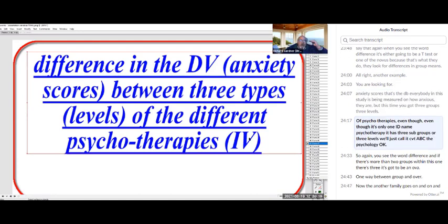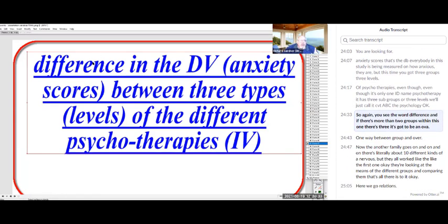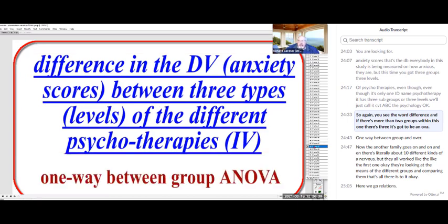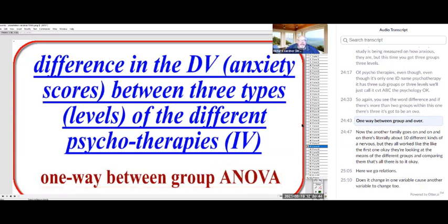Even though it's only one IV named psychotherapy, it has 3 subgroups or 3 levels. And we'll just call it CBT, ABC, DEF. I don't know, I'm not a psychologist. Okay. So again, you see the word difference. And if there's more than 2 groups, in this one there's 3, it's got to be an ANOVA. One way between group ANOVA.